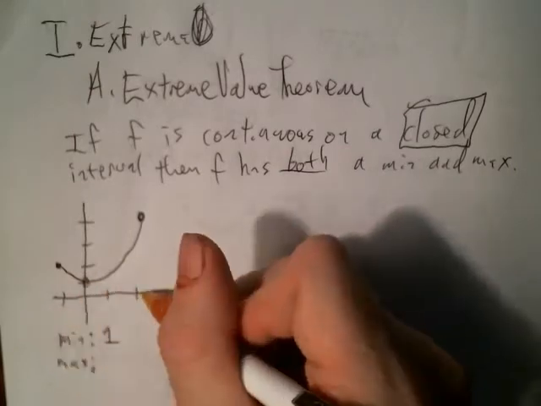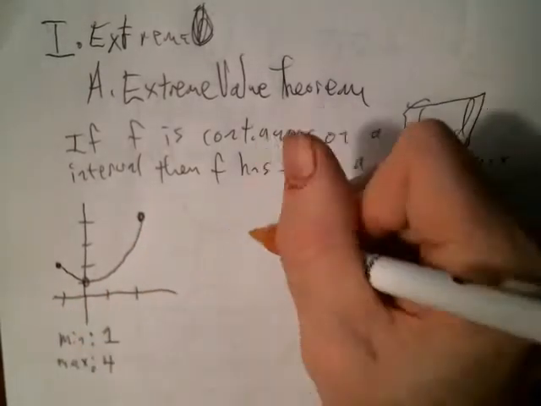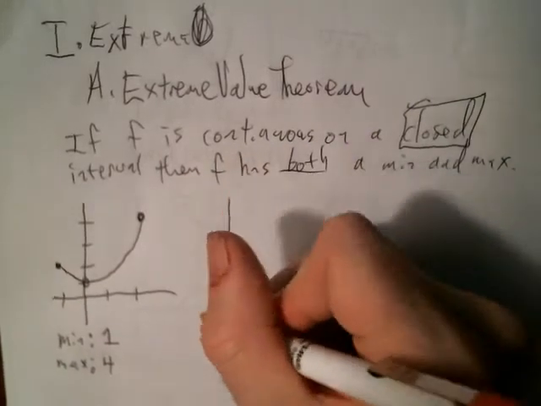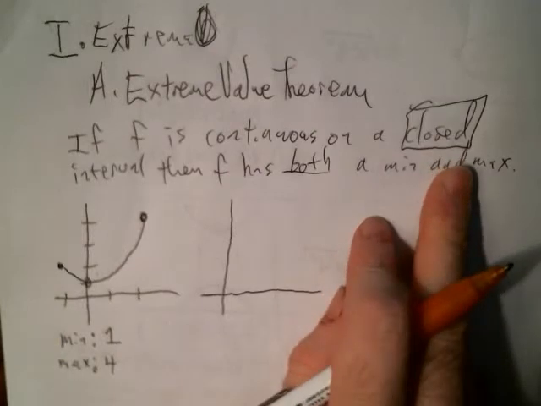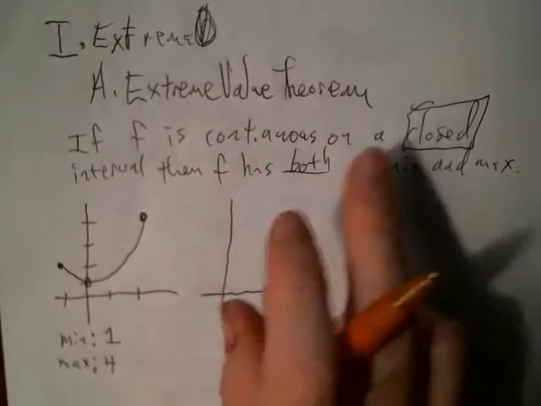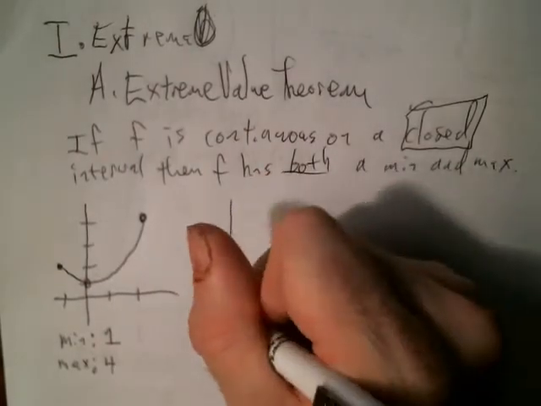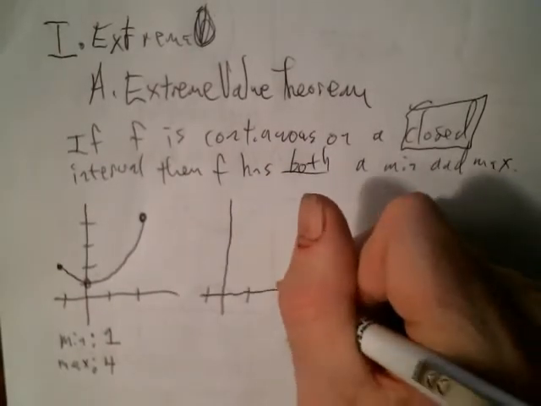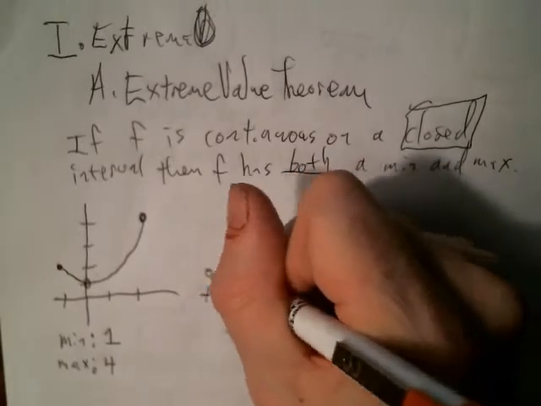The max value occurs at 2, and its value is 4. So that's an example that follows the criteria of the theorem: it's closed and it's continuous. Here's one that is not continuous on a closed interval.